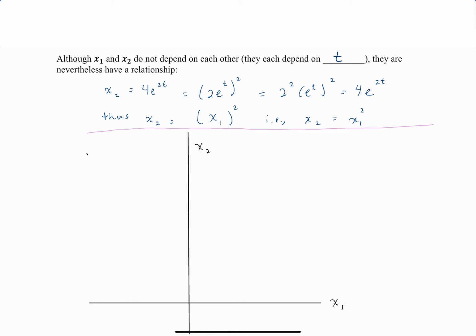And what's strange about this graph is that although the vertical axis has a dependent variable, as usual, in this case, the horizontal axis is also a dependent variable, right? They both depend on t, and the independent variable t does not appear.